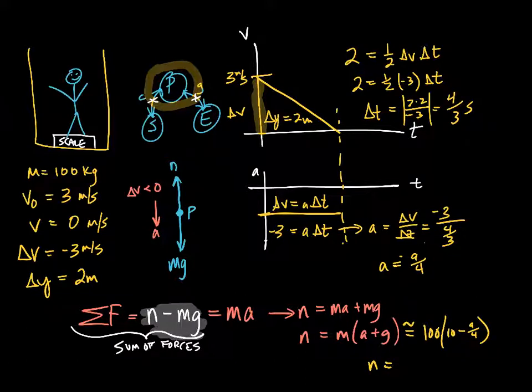So you end up getting basically 1,000 minus a quarter of that, and so your normal force would just be 775, right? When you take that away. So that's what the scale reading would be, 775 newtons.